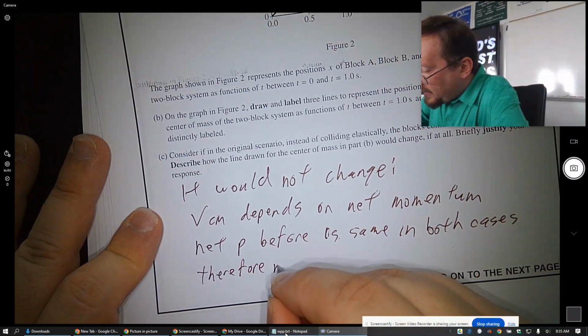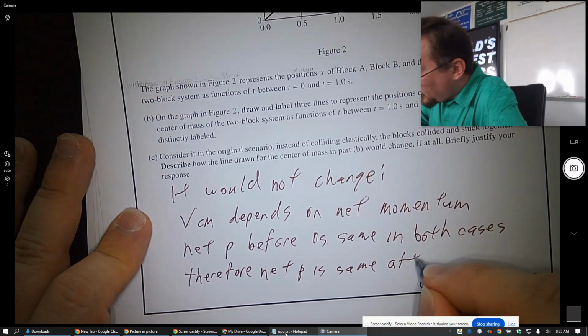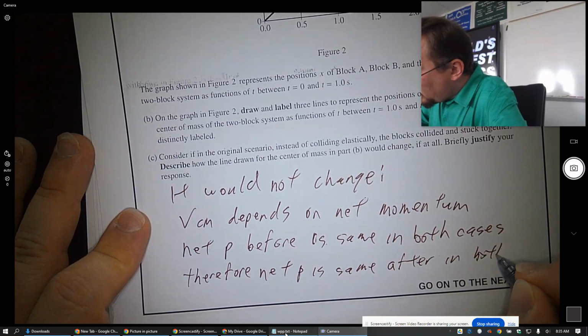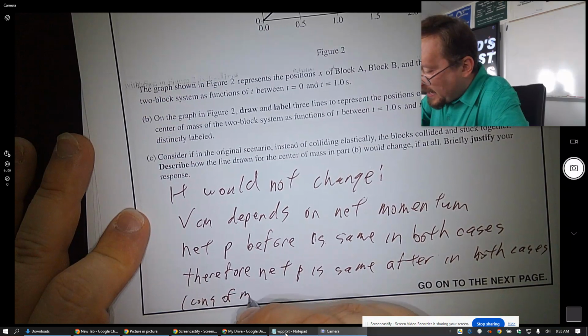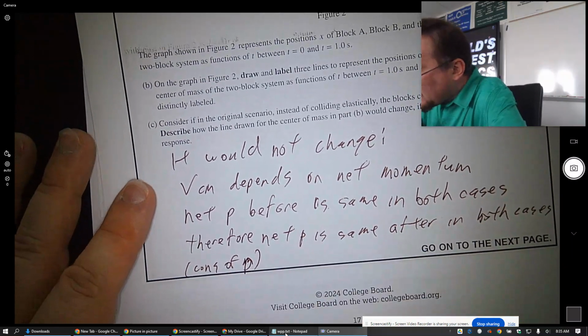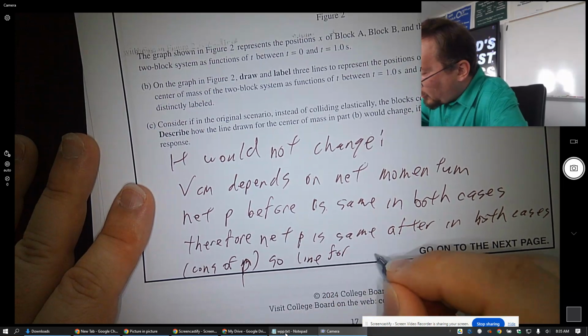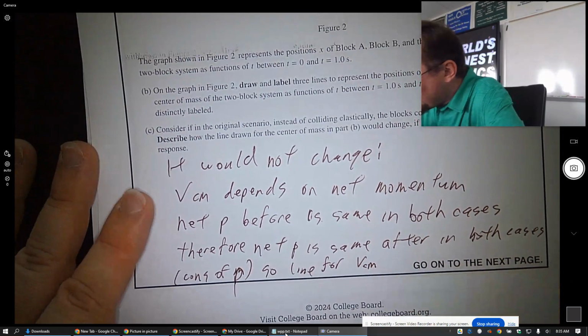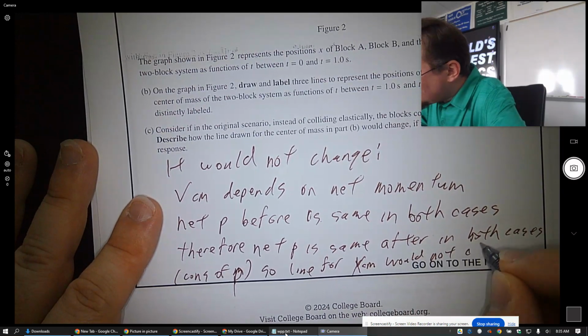Therefore, the net momentum is the same after in both cases. That's conservation of momentum, right? So the line for the position of the center of mass would not change.